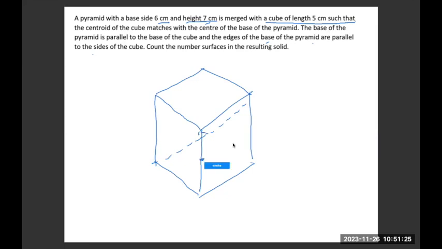So this is where the base of the pyramid should extend out, and this is the point where it should go in.